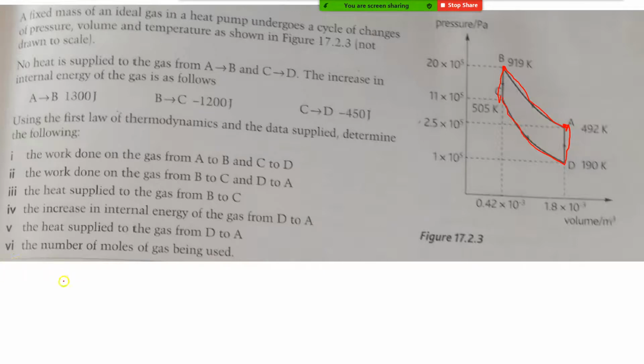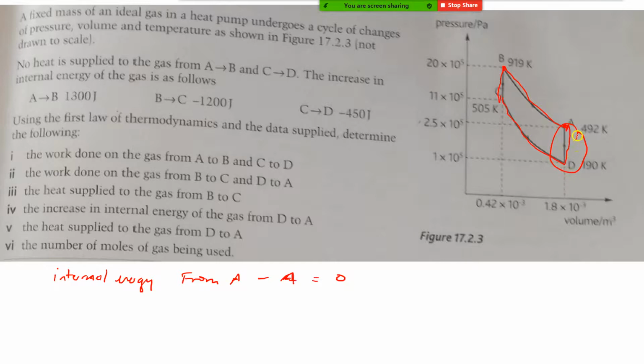What they're saying is that the internal energy from A to A must be equal to 0. So if I want to find the internal energy from D to A, I add up all of the internal energies, and that is going to equal 0.